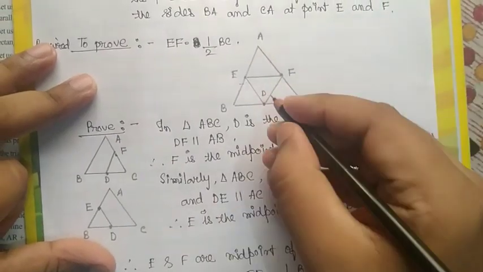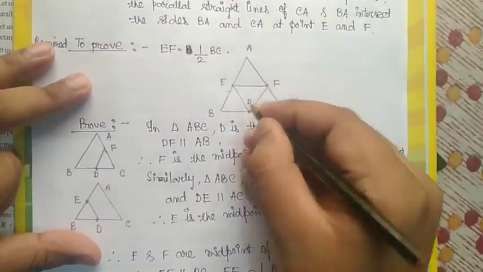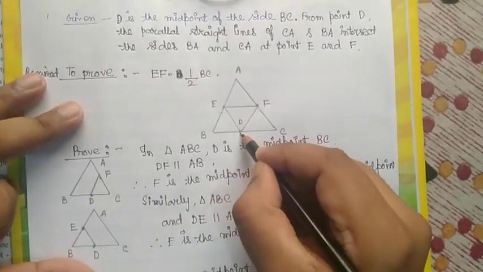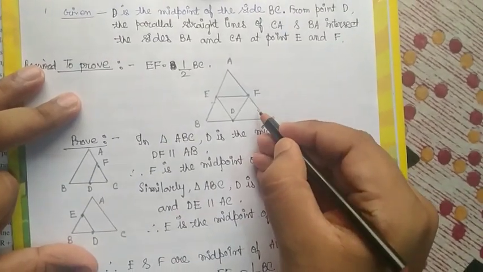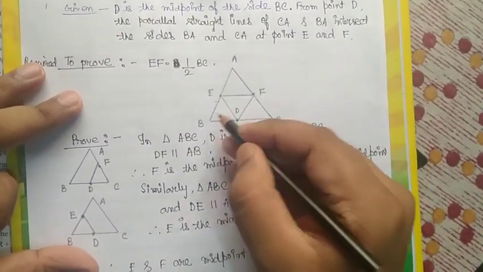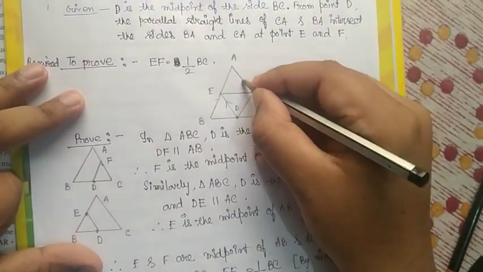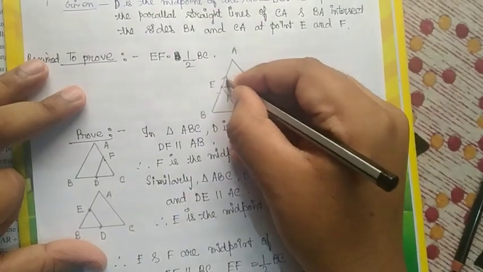In triangle ABC, D is the midpoint of BC. From point D, we have to draw two parallel lines. One is parallel to this one and one is parallel to this one.